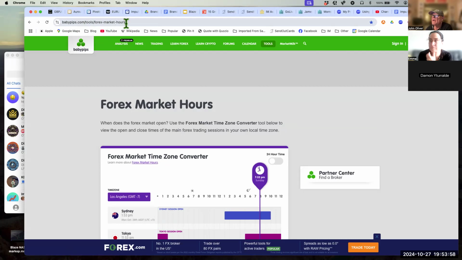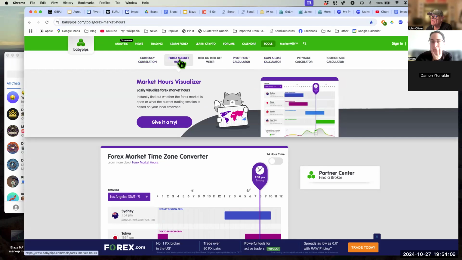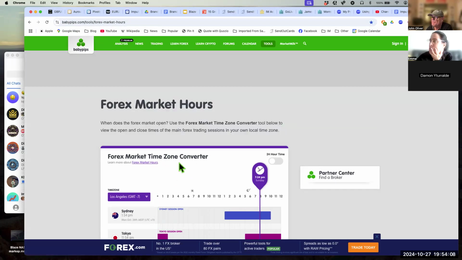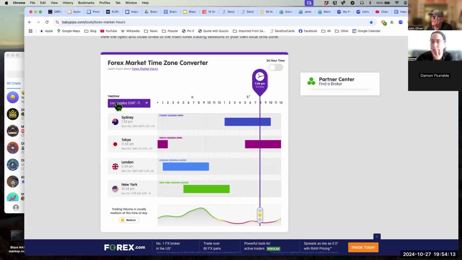And then if you want to do that whole section there, you can, but you go to tools and you go to Forex market hours, and then this market zone converter comes up. You set your time to your time frame. So we're on PST right now.